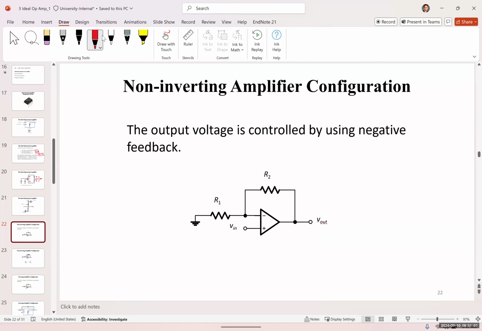To make the system stable and to control the output, we always use a feedback. We can use a positive feedback or a negative feedback. A negative feedback means that the output is connected to the inverting input, or the negative input. A positive feedback would be the output connected to the positive input, or the non-inverting input.